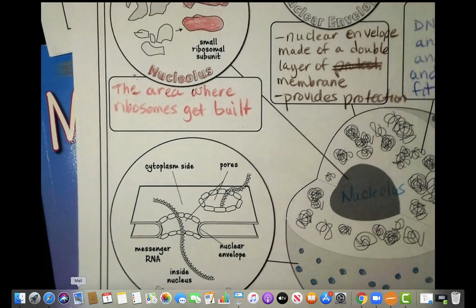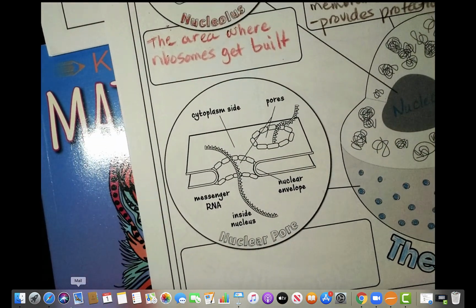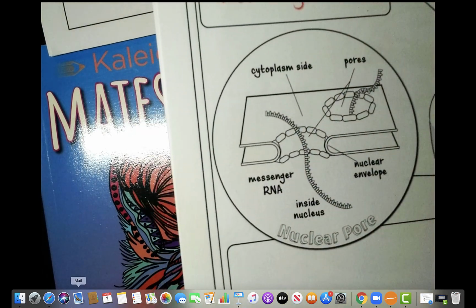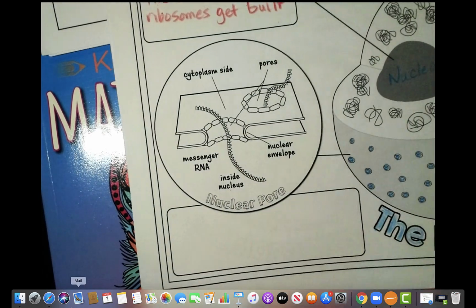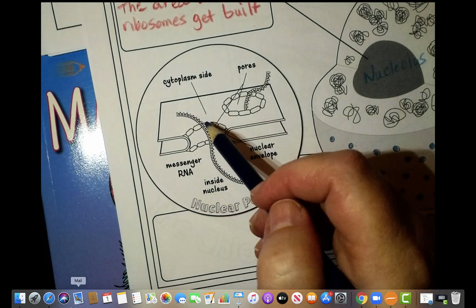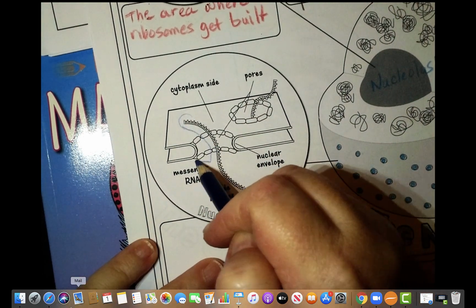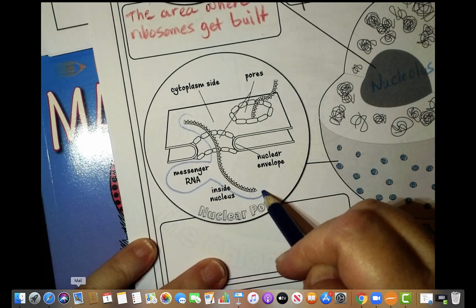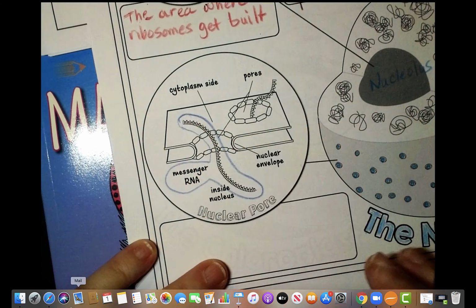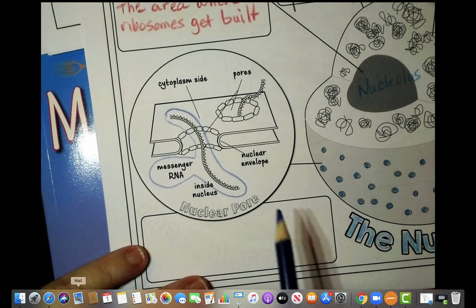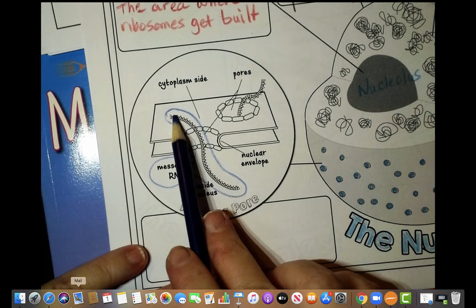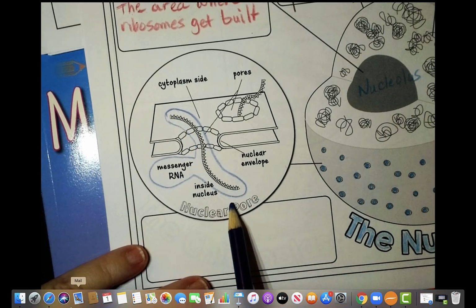Okay, so really the only little bit extra to put is over here. This right here is an example of the RNA. This is the copy of the DNA that is able to leave through the nuclear pore.